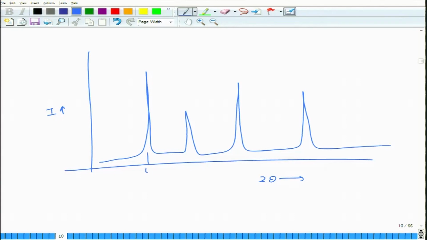So, you have theta 1, theta 2, theta 3, theta 4 and so on, and then from this you need to work out what it belongs to. I will not get into details of this, but the exercise in front of us is what material it belongs to. For example, you have a given structure, the question is can you identify the structure of the material, especially in the case of cubic cases. So, we will do that in the next lecture. Okay? Thank you.